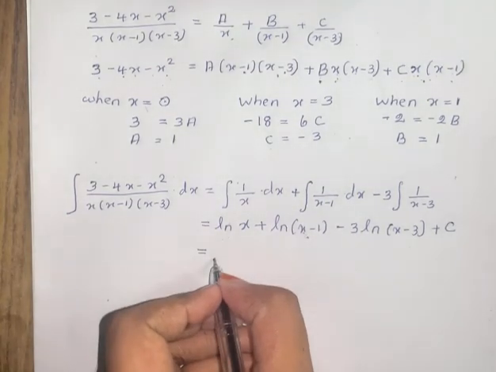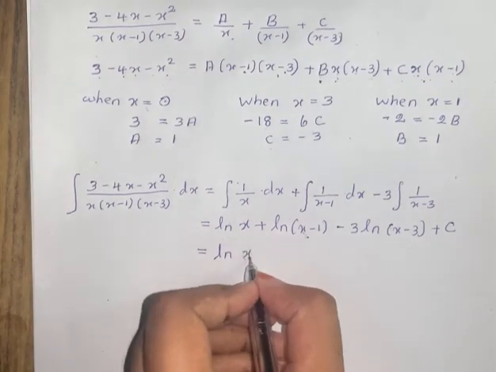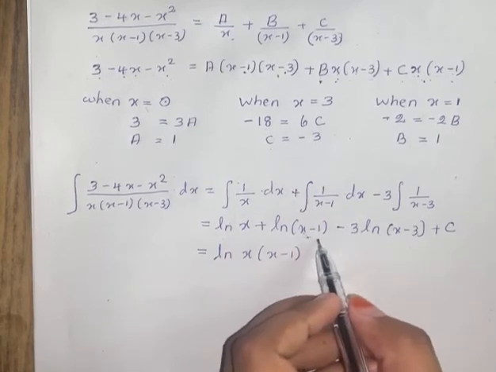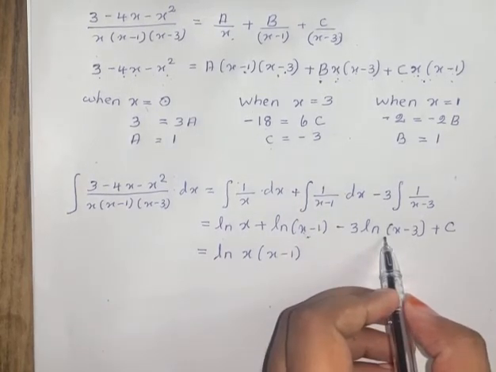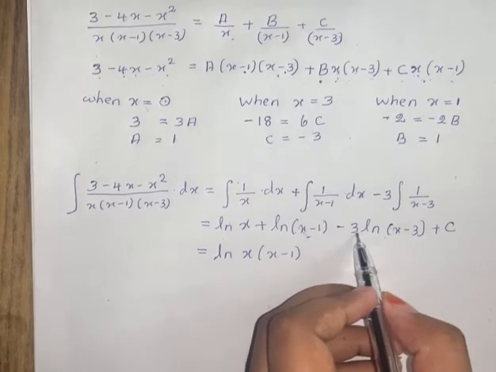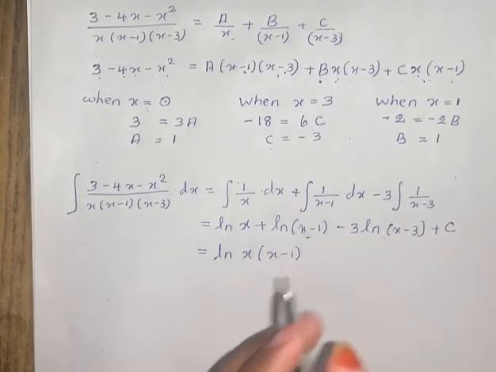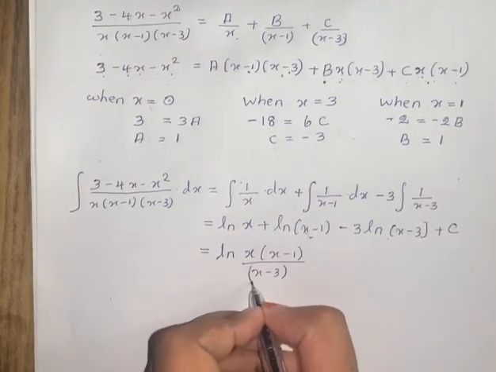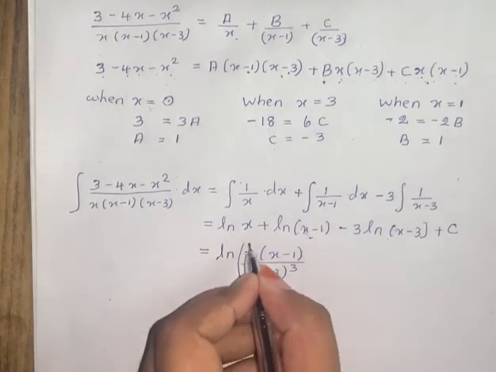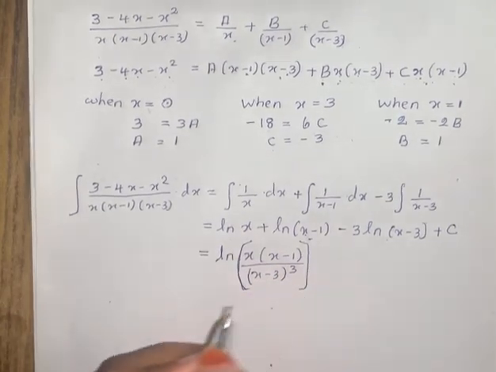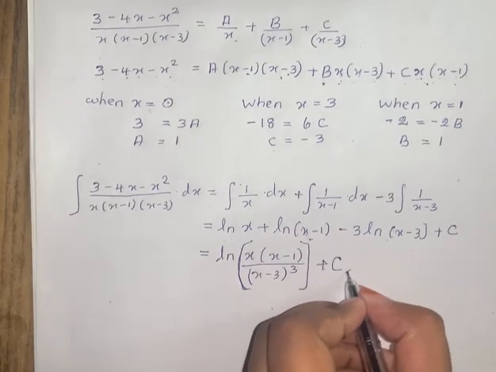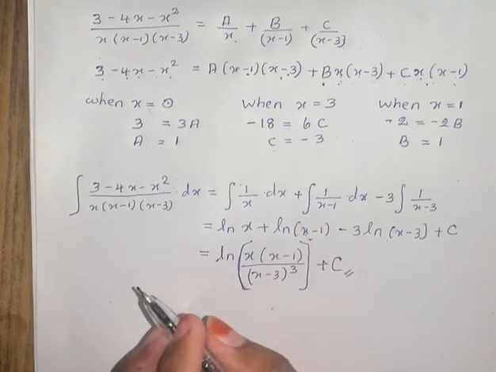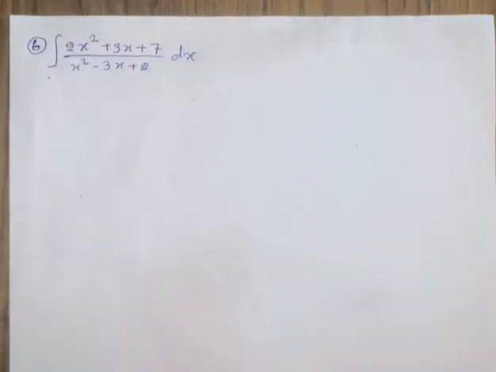We can write ln of x into x minus 1, and if we subtract, it will be a division, and if we write something in front of log, it will be the power. So we can rewrite that as over x minus 3 to the power of 3. You can put different brackets to verify them, plus c. Okay, this is the answer. You can rewrite them as per your wish or as per the question.